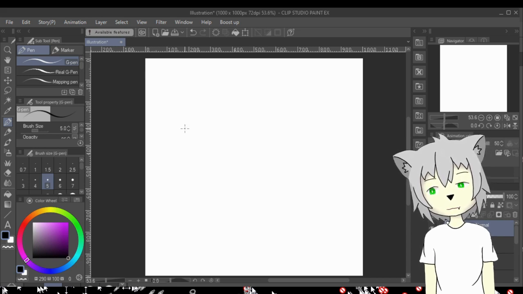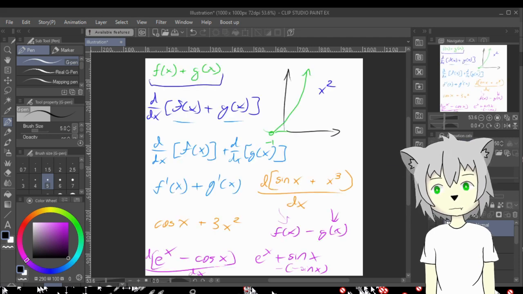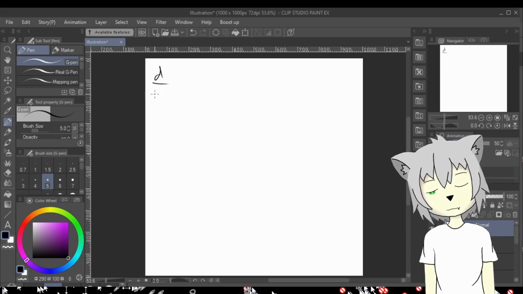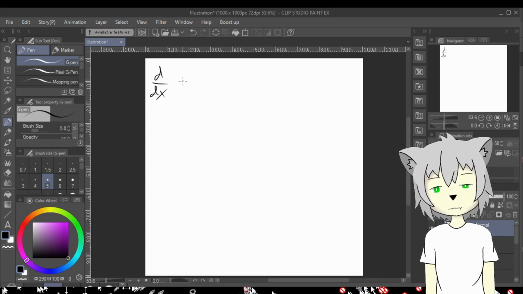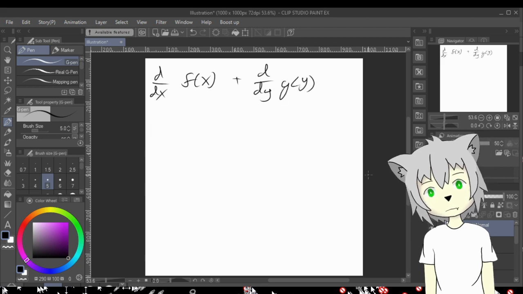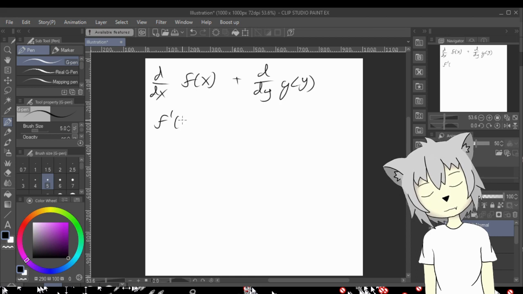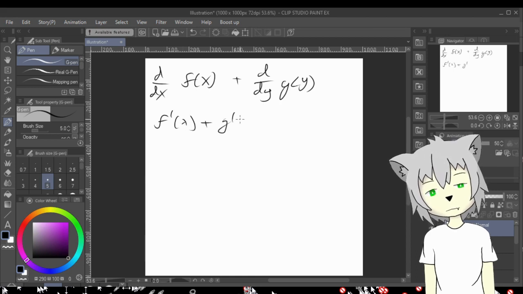But if you were to find, or rather, I'm getting a little ahead of myself, but if you were to find the derivative with respect to x of some function of x plus the derivative of some function that has y as a variable, you basically just get this.